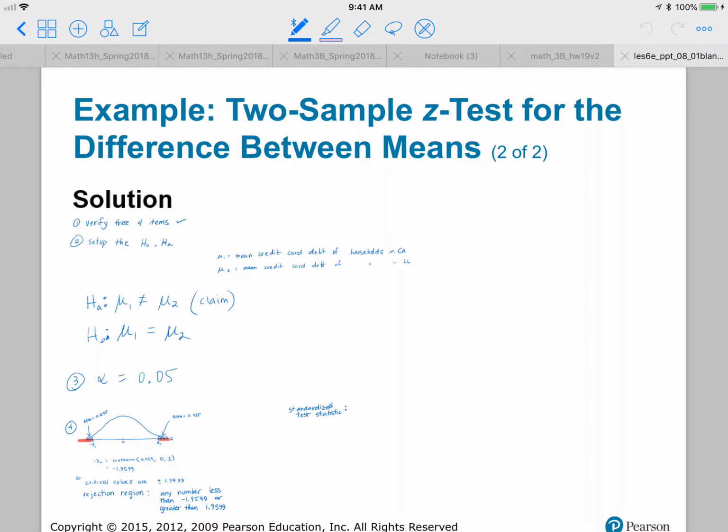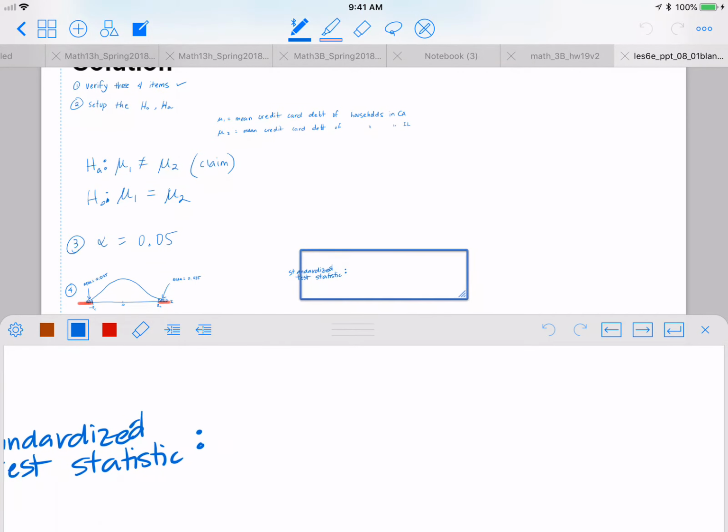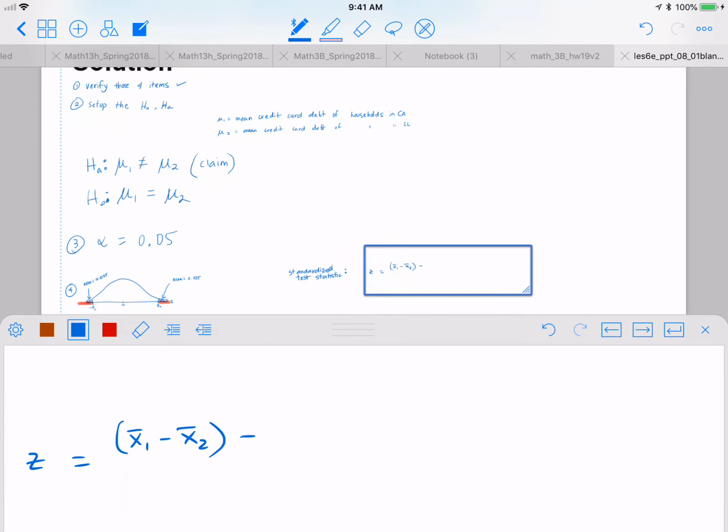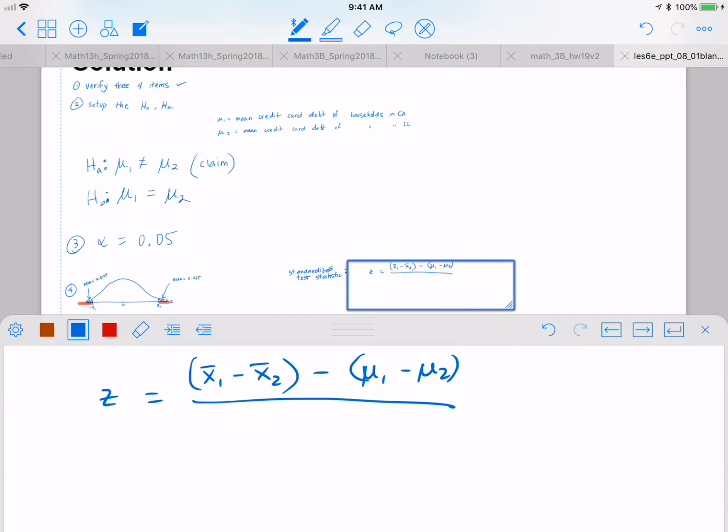Let's go ahead and get this written down. My standardized test statistic, z equals x1 bar minus x2 bar minus mu1 minus mu2, over the square root of sigma 1 squared over n1 plus sigma 2 squared over n2.